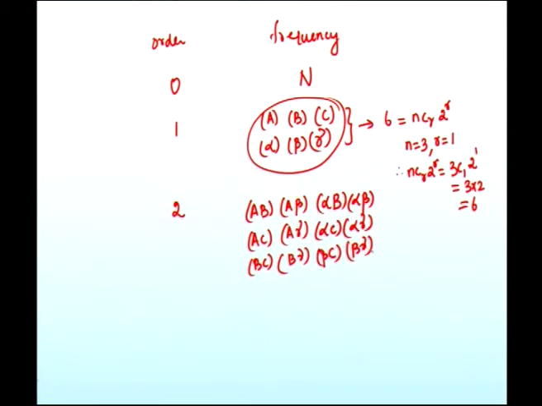Totally how many frequencies do you have? 12. How is 12 arrived? N is equal to 3 and R is equal to 2. So, NCR into 2 power R is equal to 3C2 into 2 square. 3C2 is 3 into 4, you get 12.